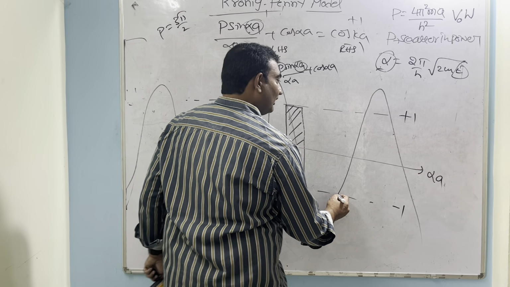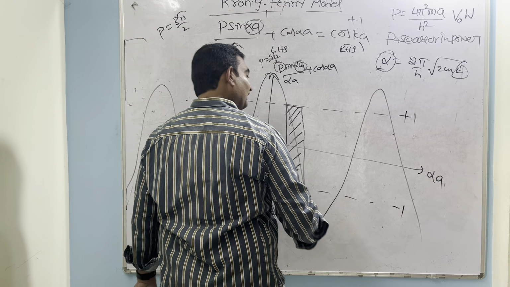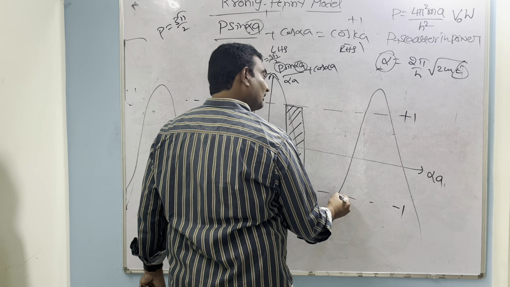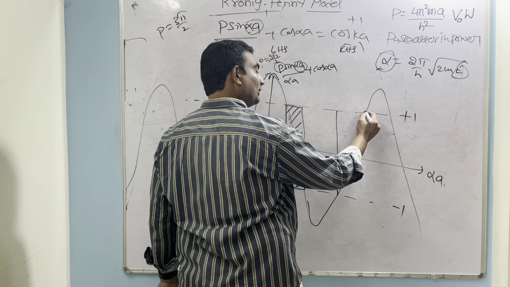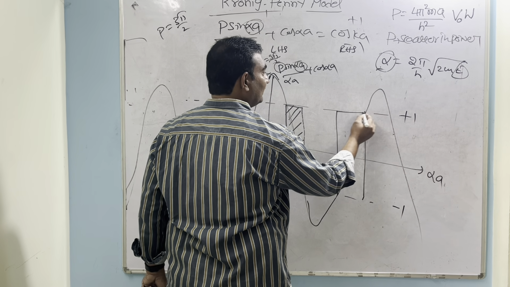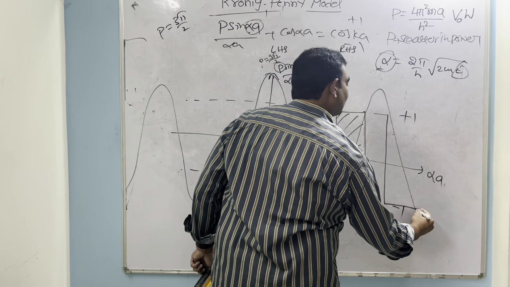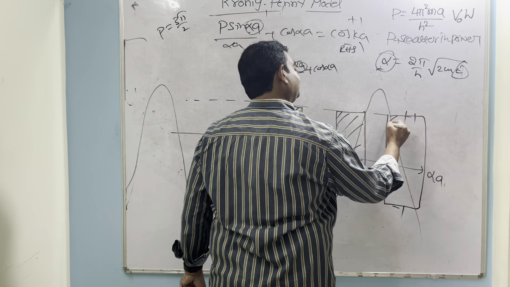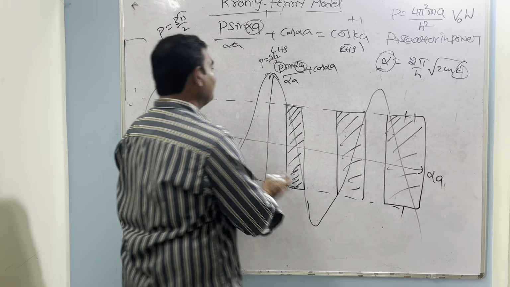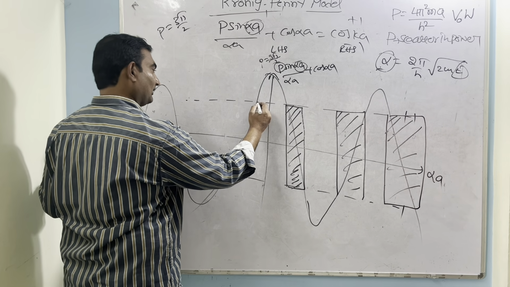Once again, the part of the curve which is between -1 and +1 is allowed. Once again, this part of the curve is also allowed. Similarly, we can draw to the left hand side also.